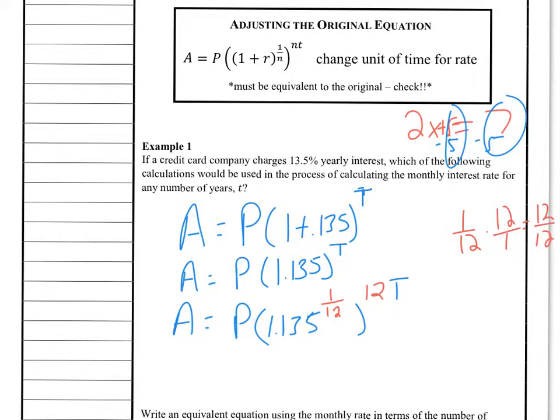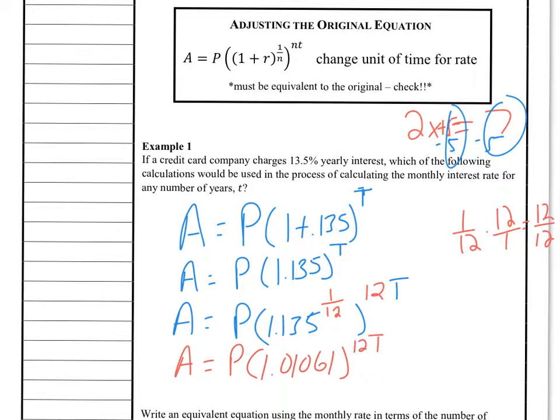But what it does for me inside the parentheses is it changes this yearly rate that I have in blue, and when I multiply this all out and figure out what this is, that will be my monthly rate. So go to your calculator, you type it in, or you just trust that I'm doing it correctly. And I have 1.01061, and that's to the power 12t.